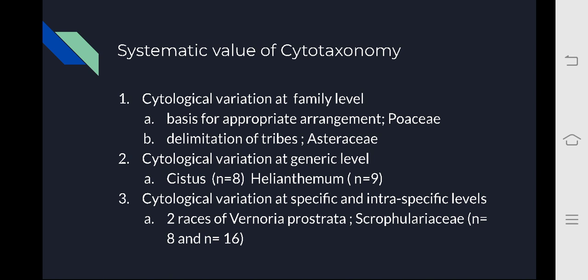It has been suggested that they should be treated as two subspecies, namely prostrata and scheereri, because prostrata contained the chromosome number n equal to 8 and scheereri contained the chromosome number n equal to 16. So it is all about the systematic value of cytotaxonomy.